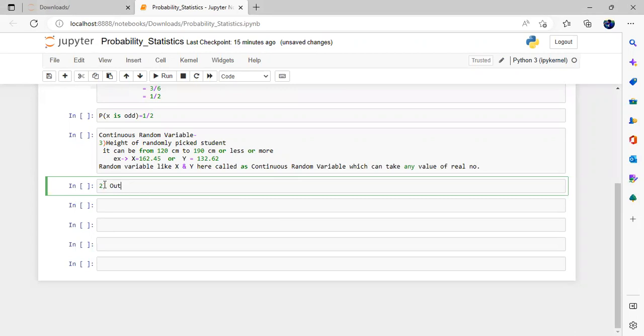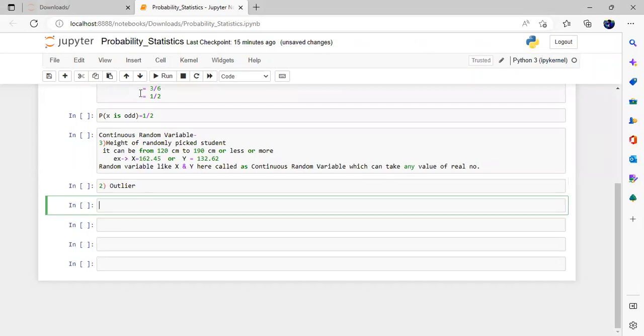Yes, ma'am. The second definition we are going to see is outlier. As I already explained what is outlier during the matplotlib library, still here we will see. This is just a very simple definition, but one of the most important things in machine learning.